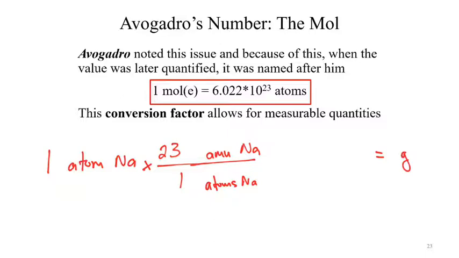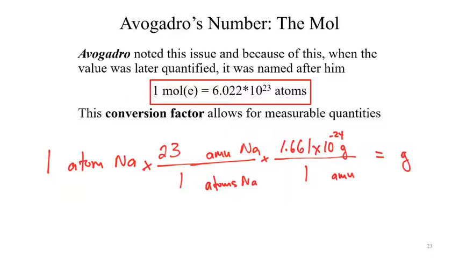AMU is not grams, so what do we need? We need another conversion factor, AMUs and grams. We would have to go and look that conversion factor up, and it turns out it's something like 1.661 times 10 to the negative 24th grams is 1 AMU.